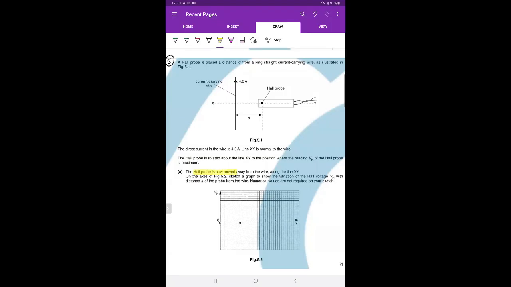The Hall probe is now moved away from the wire along the line XY. I have highlighted it in pink. It's moved away from the wire. So keep in mind, when you start taking the Hall probe further and further away from the wire, let's see what will happen.